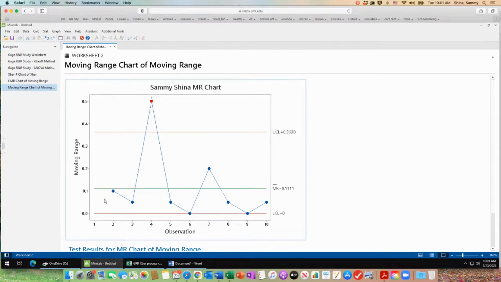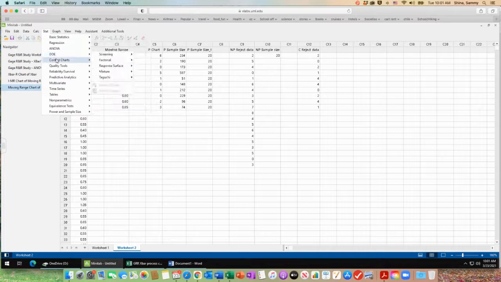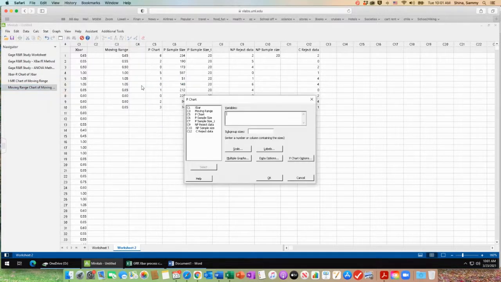Okay. Now let's do the P chart. Let's look at the data. View, data only. So for the P chart, we have the P chart and the sample size. Okay. So we'll go to the P chart, stat, control charts, attribute charts, P charts. So now we're in P charts.